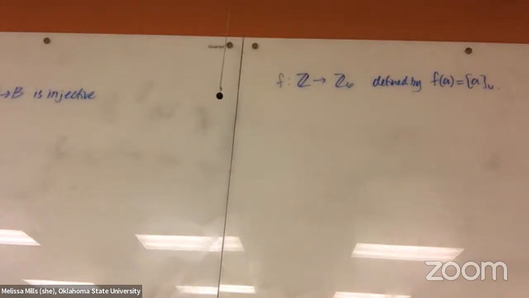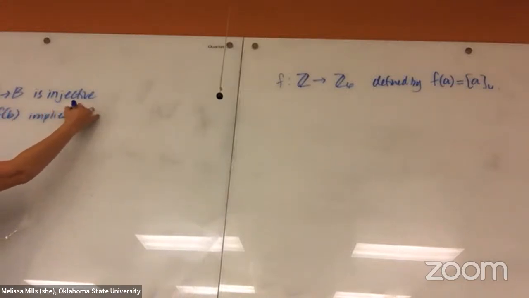But anyway, the idea is that if f of a equals f of b, that implies that a equals b.